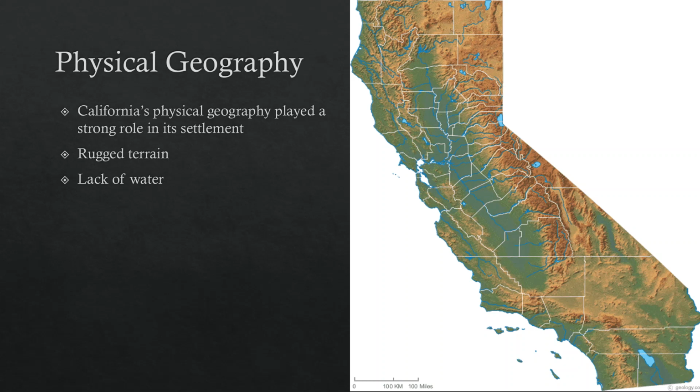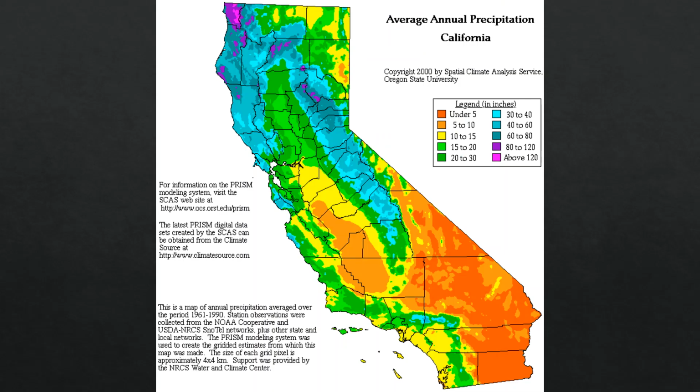Later on in the semester, we're going to talk about water in LA and water in San Francisco and how much of an impact that had on the formation of those cities, the ability to bring a consistent water supply there.